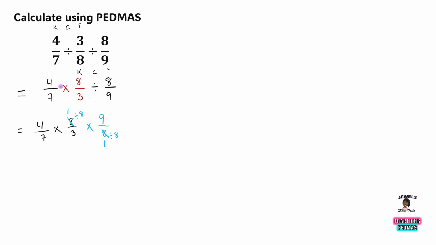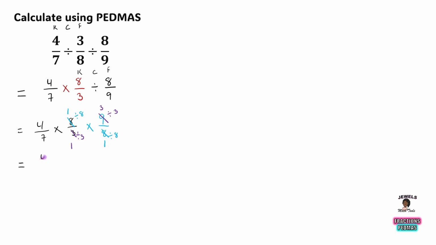And now I'm going to perform a second simplification where I will divide my 3 by 3 and also divide my 9 by 3. So 3 divided by itself will equal 1, and 9 divided by 3 will equal 3. And since we do not have any other common factors that we can use to simplify our fractions, let's rewrite our fractions so that we can see what numbers we're going to be using in our multiplication.